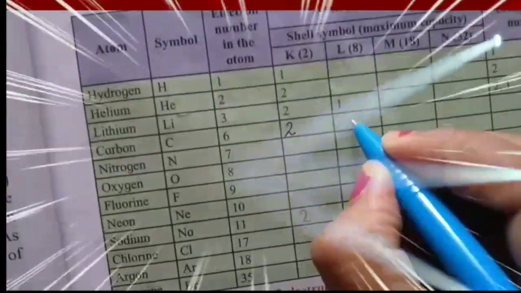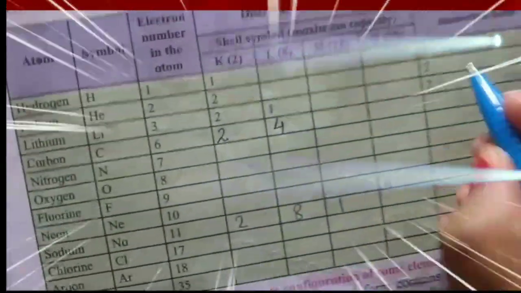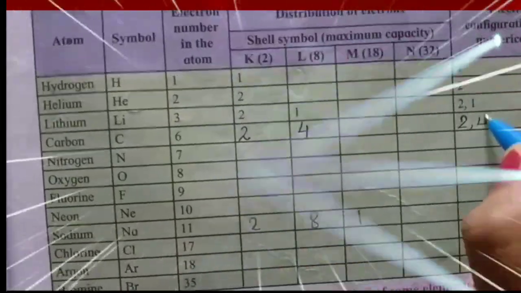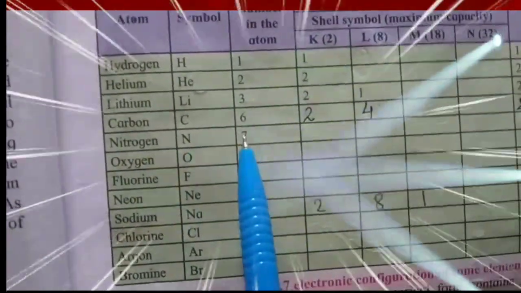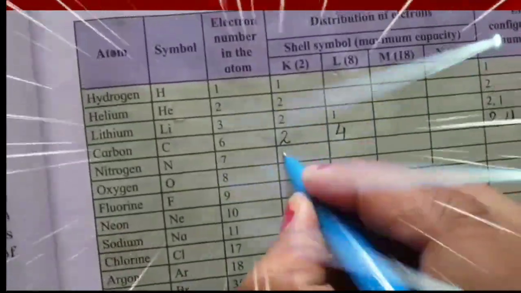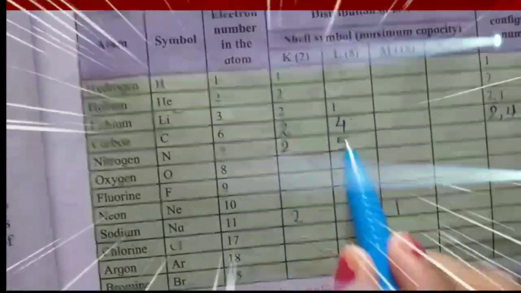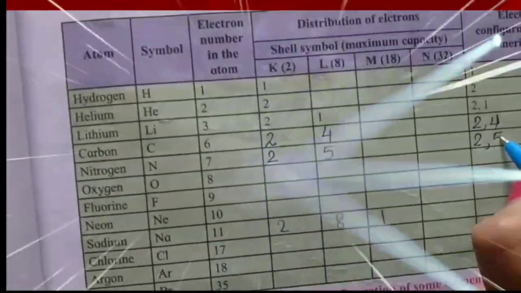Then in the L shell, 4. So the total is 6. Here we will write 2, 4. Let us move towards nitrogen. Nitrogen is 7. So here we will write 2 and here we will write 5. Got it? So the total is 7. We will write 2, 5.